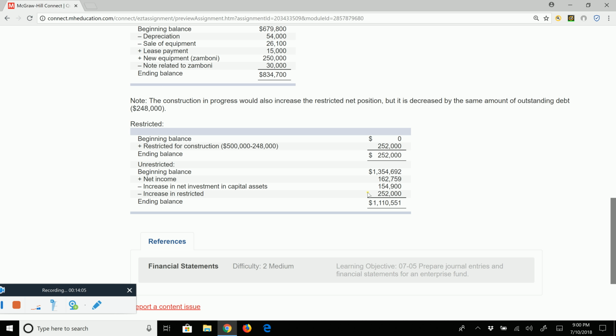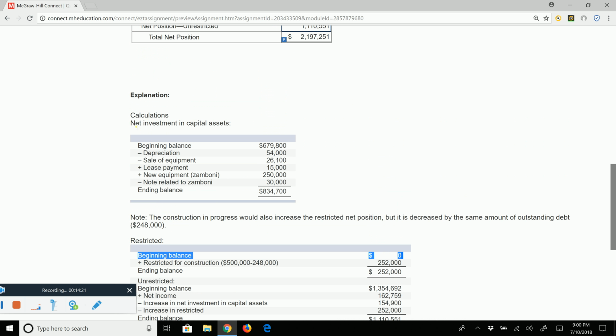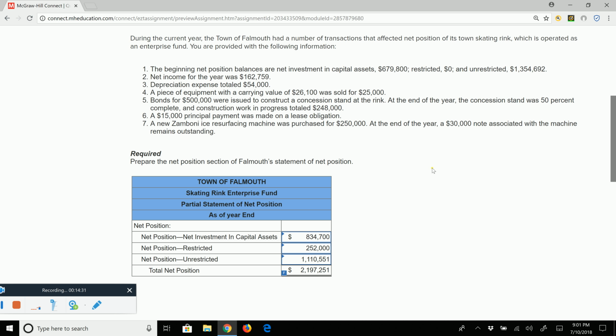I'm surprised it's not here, but oh, here it is, excuse me. 1,354,692. That's the beginning balance of the unrestricted. All right, and the beginning balance of restricted, I'm highlighting it here, is 0. And the beginning balance in the net investment in capital assets, we see it there, $679,800. Okay, so that's all number 1 tells us, the beginning numbers.